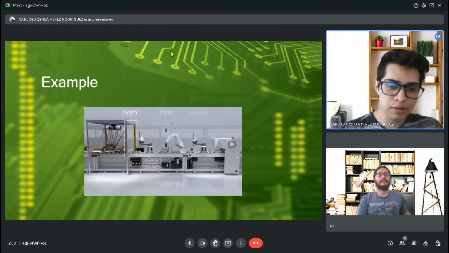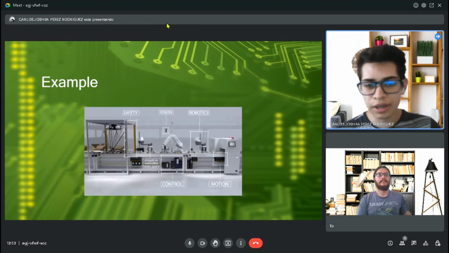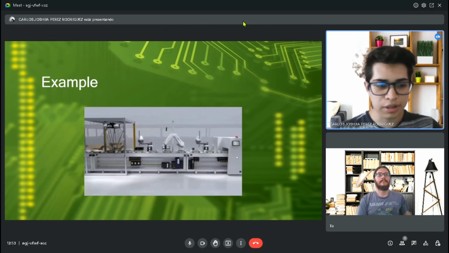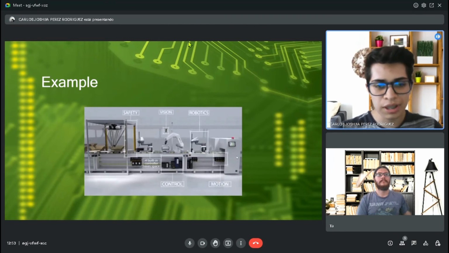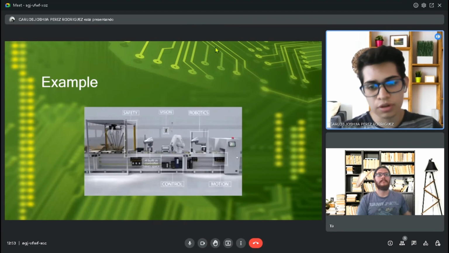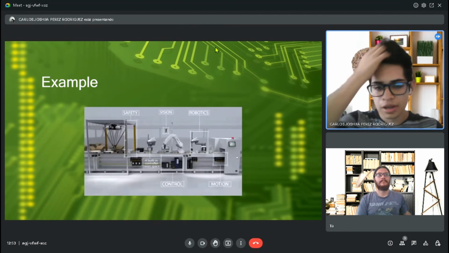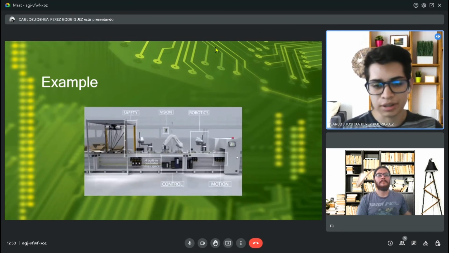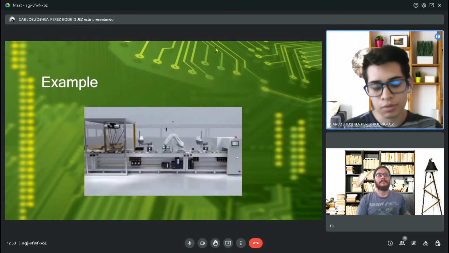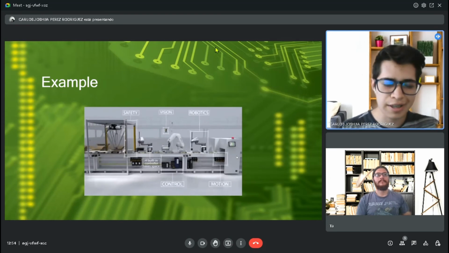Then the next one is an articulated robot where a camera is telling the robot if the component that the SCARA robot put before is correct, and if it isn't, the articulated robot fixes it.